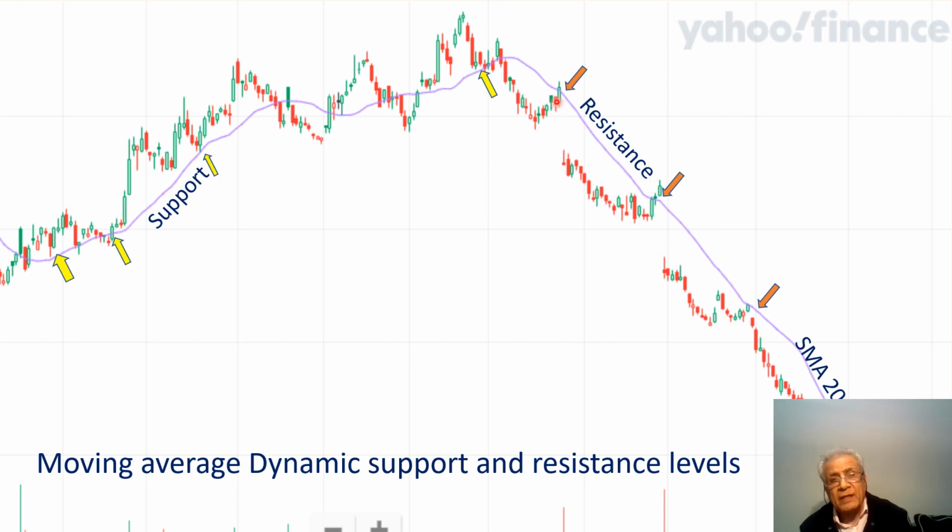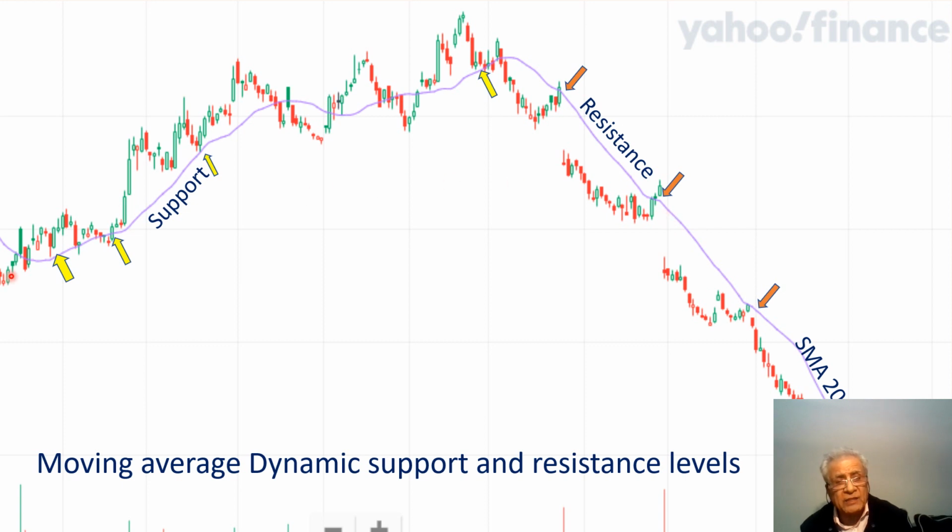Here in the resistance area we have peaks, where the price touches the moving average, it creates peaks, and here it creates troughs. So that is a good indication of support and resistance areas.